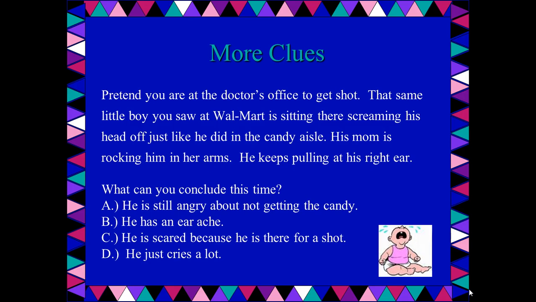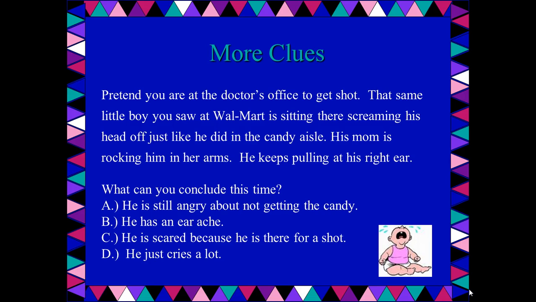All right, more clues. Pretend you're at the doctor's office to get a shot. Same thing. That same little boy you saw at Walmart is sitting there screaming his head off just like he did in the candy aisle. His mom is rocking him in her arms. He keeps pulling at his right ear. And now what can you conclude? We have more evidence now.